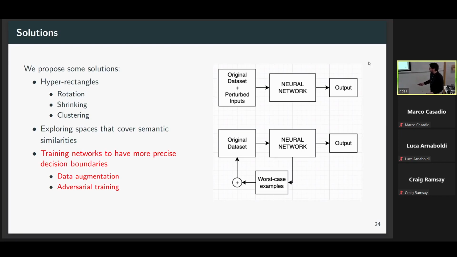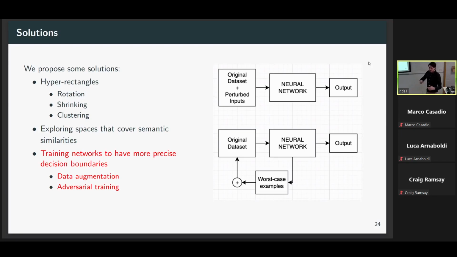The other one is adversarial training, that is a bit more complex. It takes into account geometric properties of the network, or gradients. So you have your original data set, you feed it to the network, you get the gradient, you get the worst case perturbation for each input, and then at each epoch you feed it back along with the original data set.